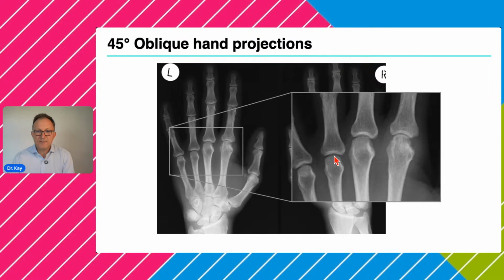That's the normal joint space, about 2 millimeters, maybe 1.5. And here it's only 1 millimeter or 0.5 millimeters, so the joint space is narrowed. Also comparing the heads of the metacarpal bones, you see there are cystic changes over here with irregular contours of the bone. It's not a very sharp image, but I think this is an early erosion.